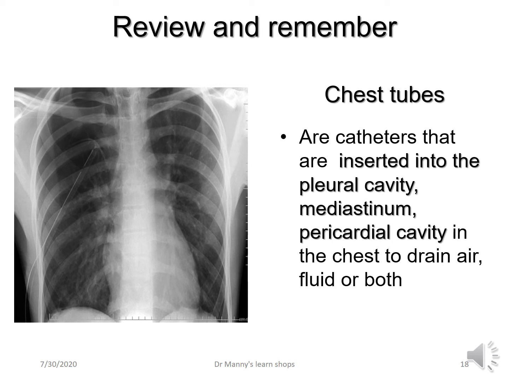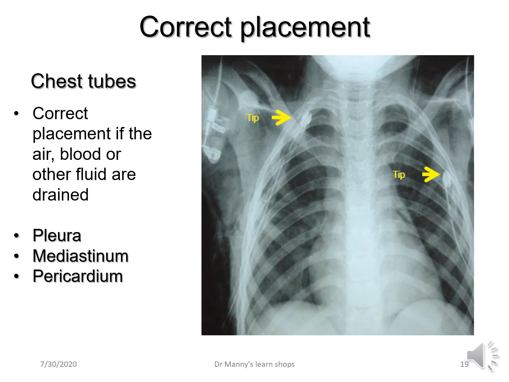They're catheters that are inserted either into the pleural cavity, the mediastinum, or the pericardial cavity. If the tube is correctly placed, then after placement, there should be a consequence. So if it was placed for pneumothorax, you should see air escape into the underwater seal drain.